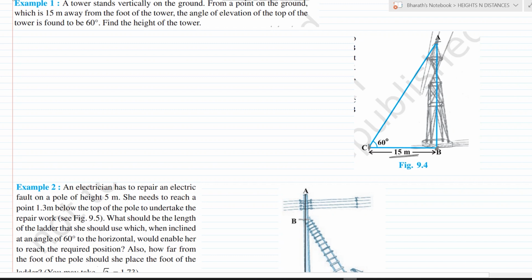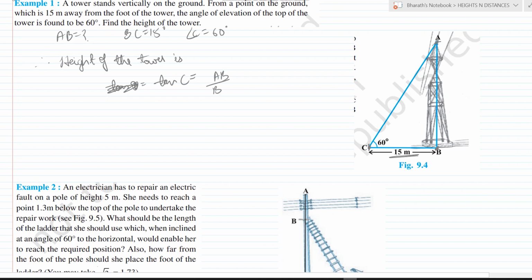Same thing. We have to find AB, right? We know that BC is equal to 15 meters and angle C is equal to 60 degrees. Therefore, to find the height of the tower, tan C is equal to AB by BC, right?